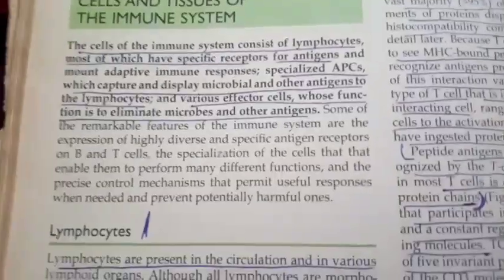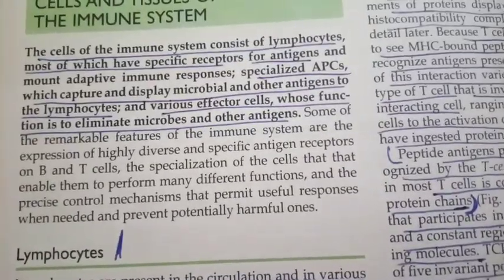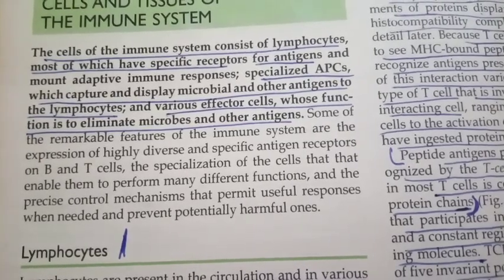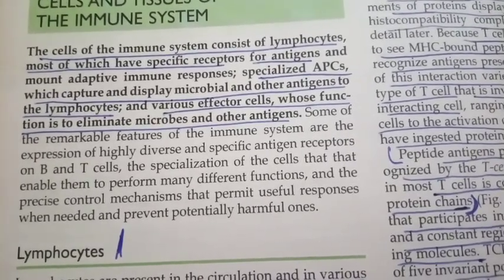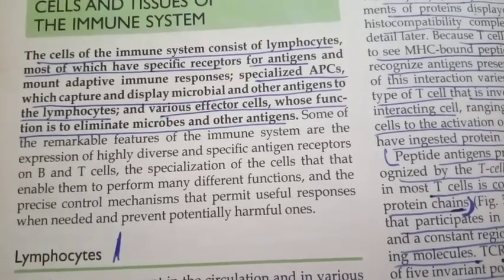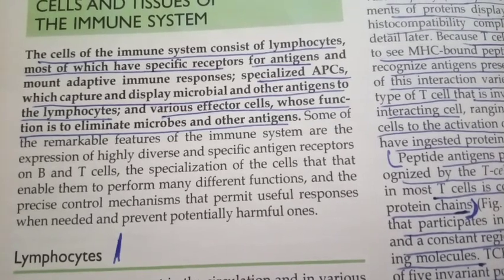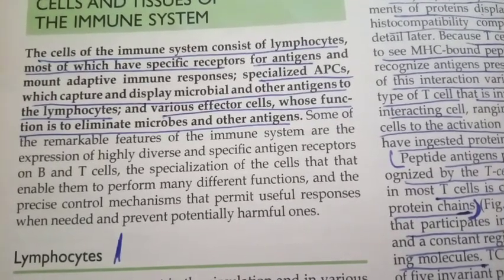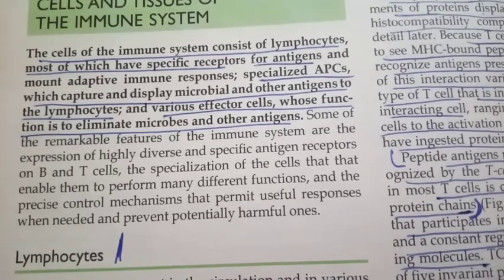Cells and tissues of the immune system. The cells of the immune system consist of lymphocytes, most of which have specific receptors for antigens and mount the adaptive immune response, specialized antigen-presenting cells (APCs), which capture and display microbial and other antigens to lymphocytes, and various effector cells, whose function is to eliminate microbes and other antigens.